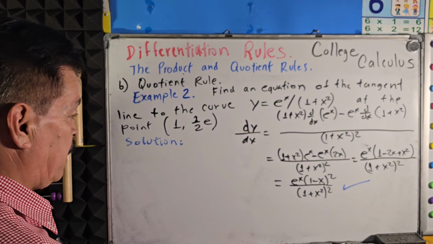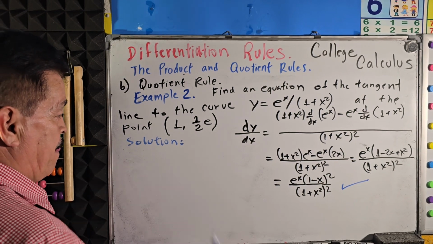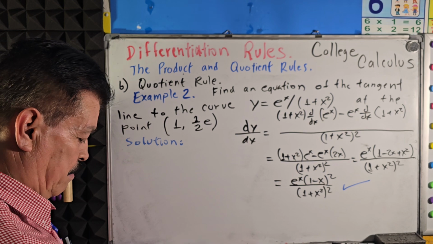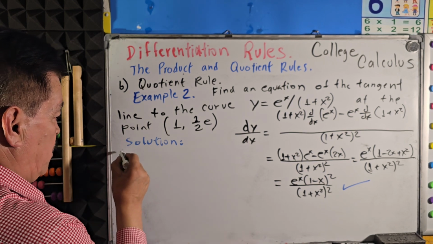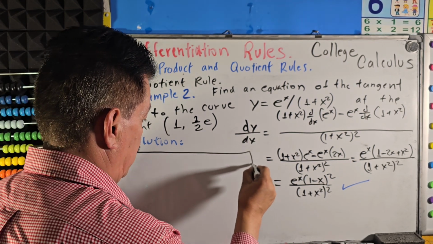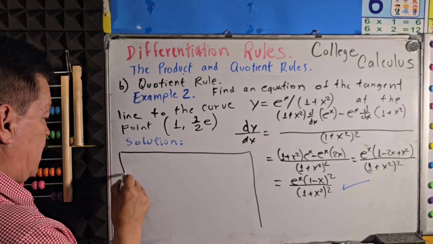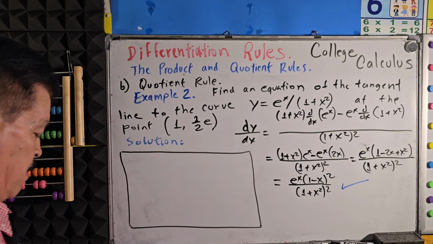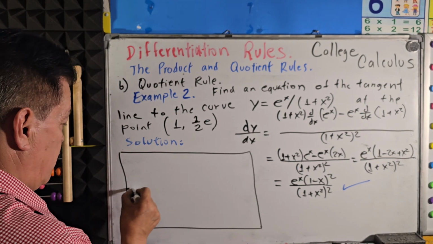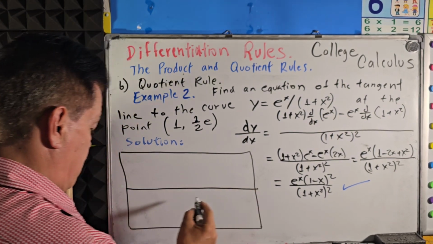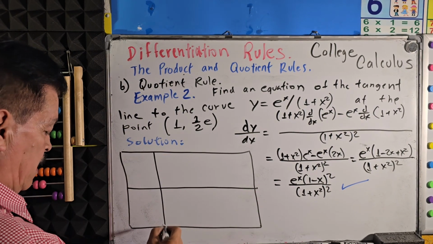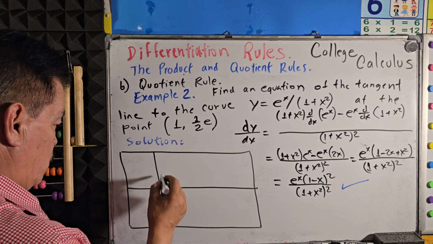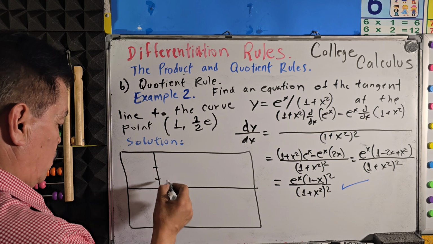So let's make the picture right here. This is the square. You divide this section into 2, 2, 2, 2.